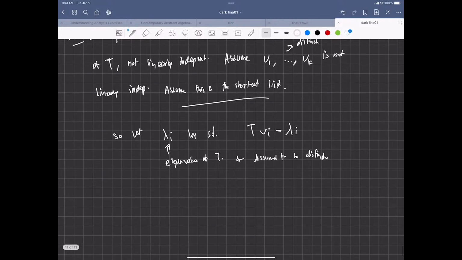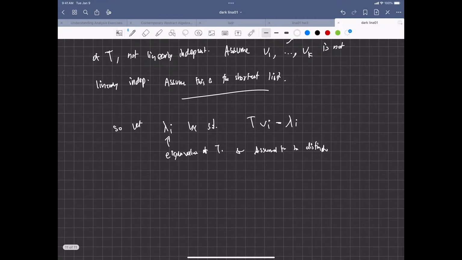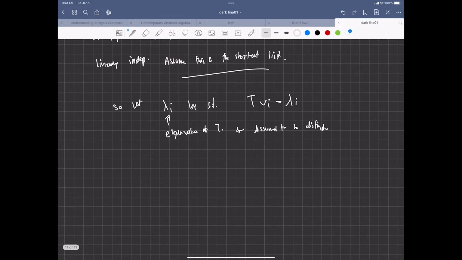All right, so what this means is there exist scalars such that the sum a1 v1 plus dot dot dot plus ak vk equals 0.